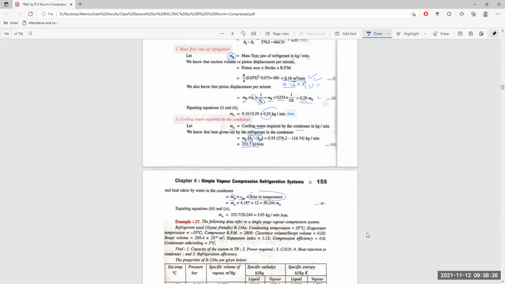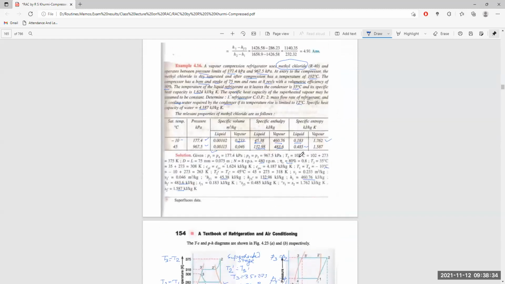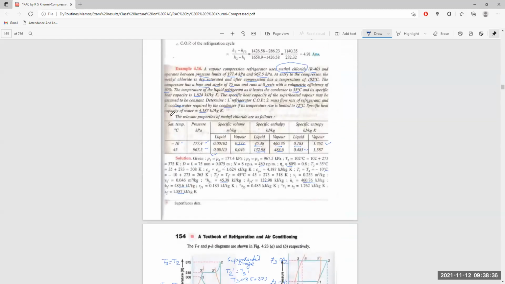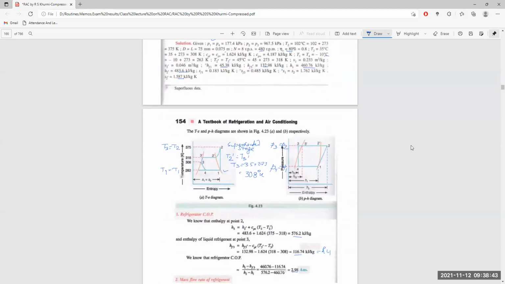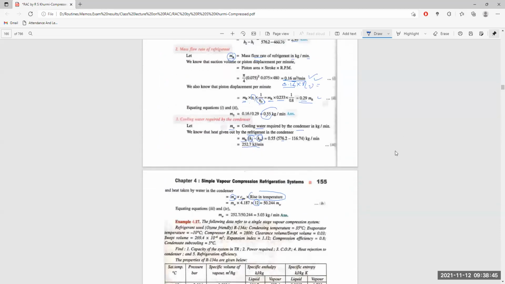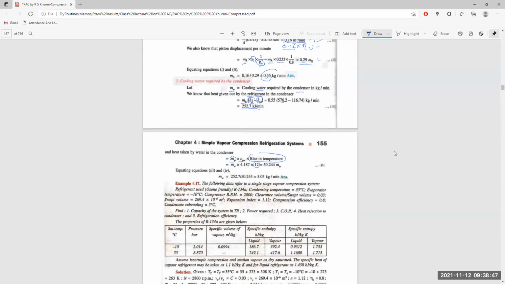The maximum rise in temperature allowed is 12 degrees centigrade, that is 12 Kelvin. If the temperature rise is limited to 12 degrees centigrade, the maximum temperature rise which we can allow is only 12 degrees centigrade.